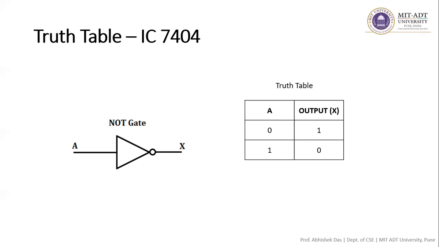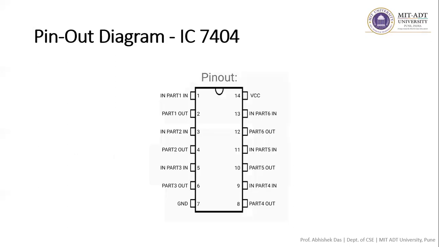The NOR gate will invert the output that we were getting in case of the OR gate, and the NAND gate will just invert the output of the AND gate. Now let us come to the pinout diagram of the IC7404.